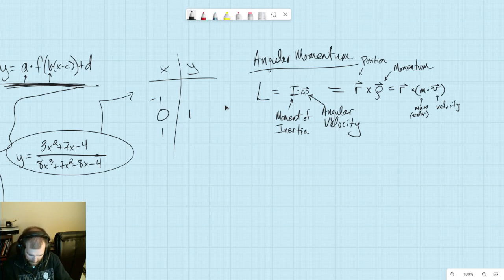Interesting. Let's see. Moment of inertia, 436, maybe? That's double integrals. Angular speed, 381.